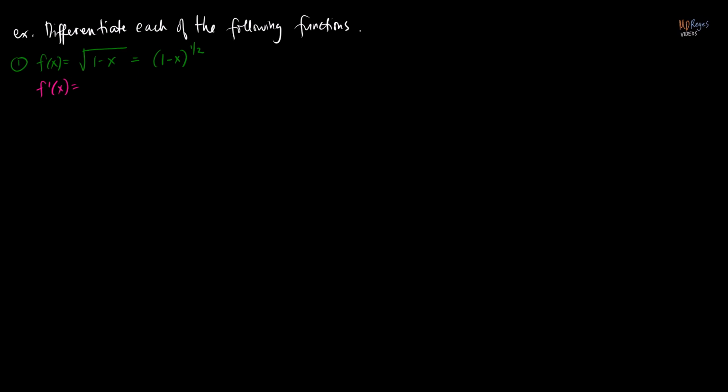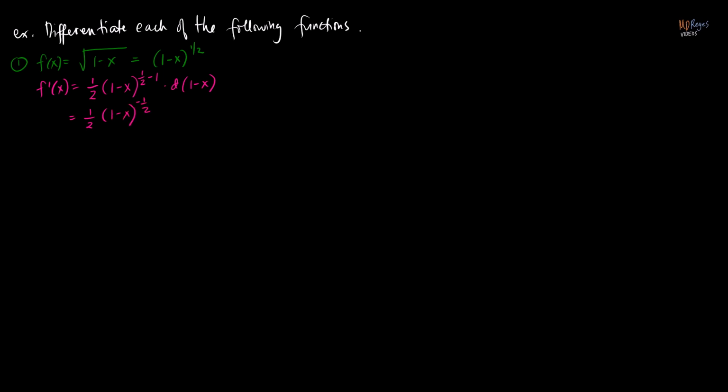The derivative of f of x is equal to, in the generalized power rule, we still bring down the exponent, in this case 1/2. Then we copy the base next to that, and subtract 1 from the exponent. And don't forget that you need to take the derivative of the base, so times the derivative of the base. The base here is 1 minus x. Simplifying, it's 1/2 times 1 minus x raised to negative 1/2.